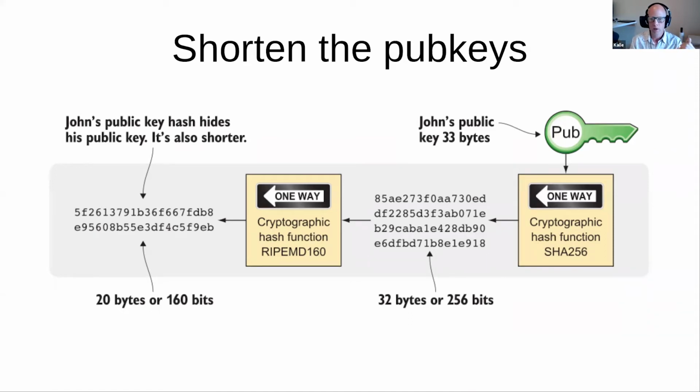So if RIPE-MD160 turns out to be bad, and you could go backwards from this hash to this value here, then you are still protecting the public key from being revealed at this point.